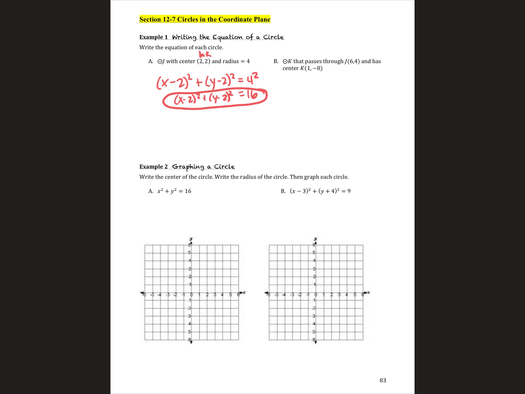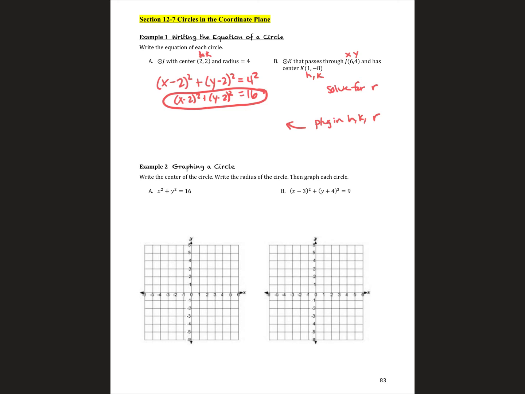I don't think you have to do example B, but just so you know, the point that it passes through is x, y, and this is h, k. So you could plug everything in and solve for r. And then when you're done solving for r, plug in the h, k and r like we did in the last problem.